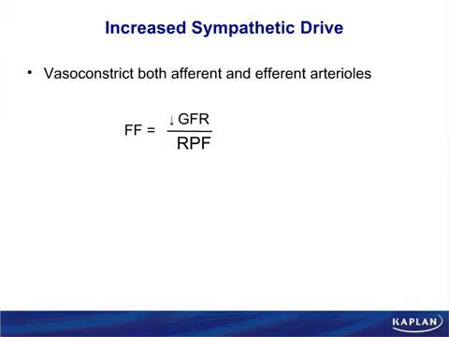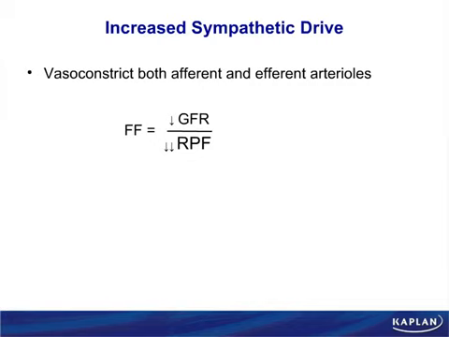However, because you are vasoconstricting both the afferent and the efferent arterioles together, you will have a larger drop in the renal plasma flow. So you will have a disproportionate decrease in the renal plasma flow.